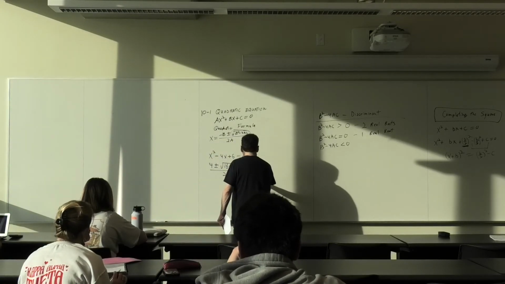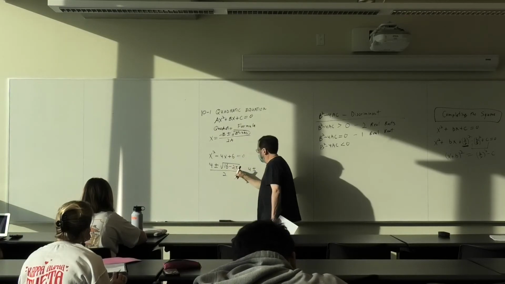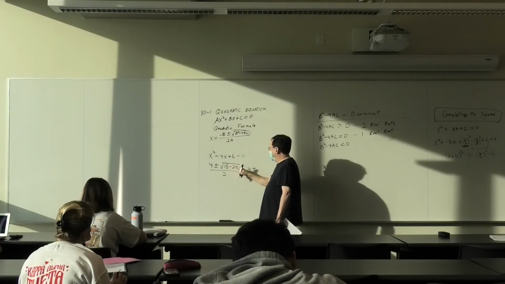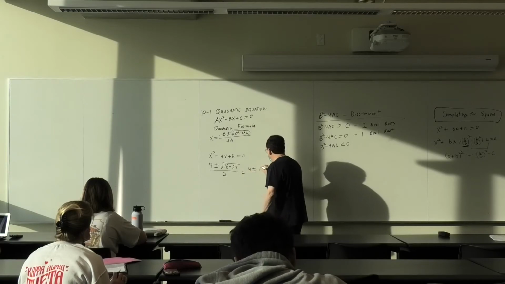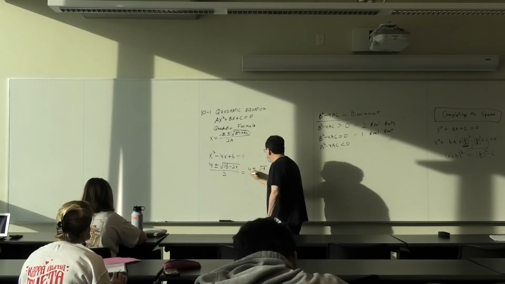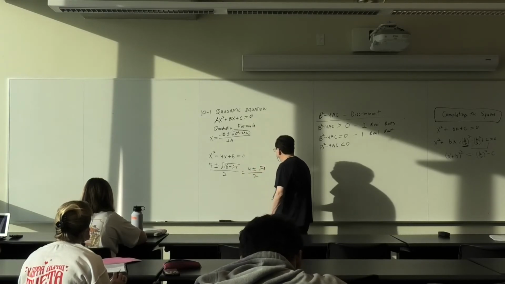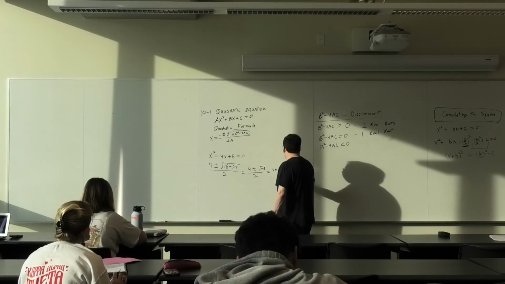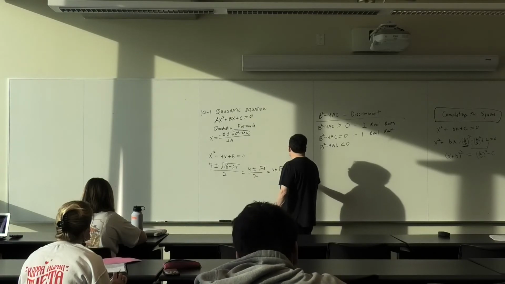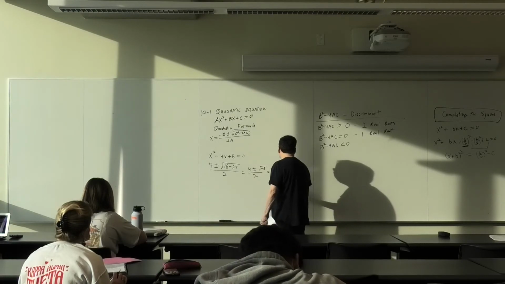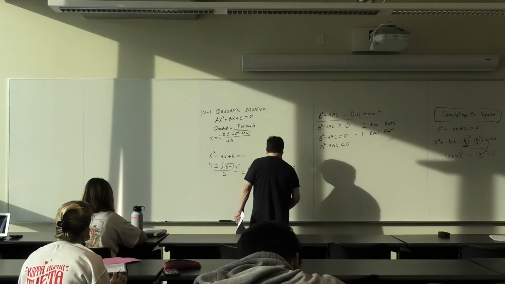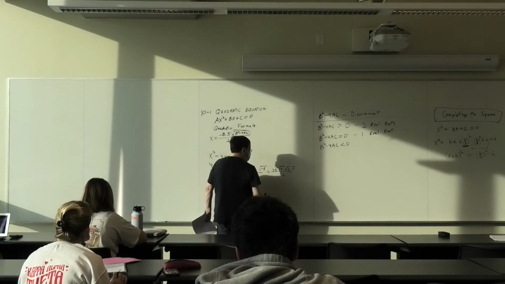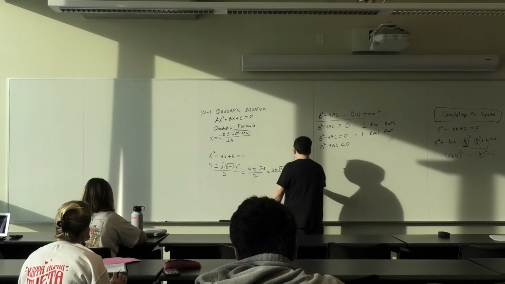That's 4 plus or minus 16 minus 24, that's negative 8 over 2. It's 4 plus or minus square root of 4 times the square root of 2 times the square root of negative 1 over 2. Well, that's going to be what?